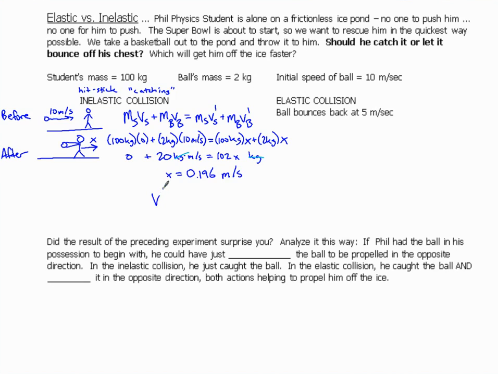And so we call this velocity prime 0.196 meters per second.